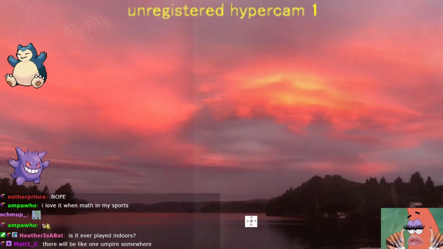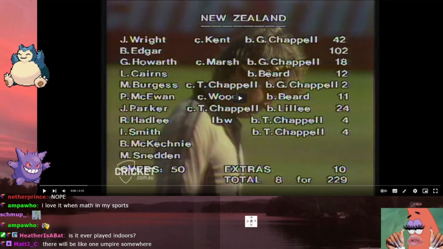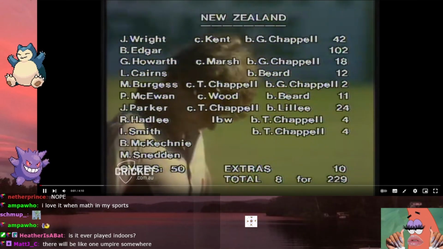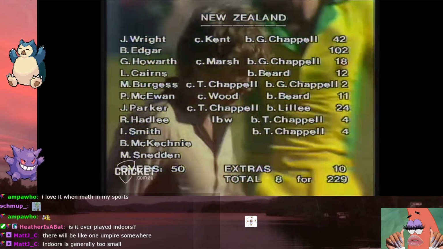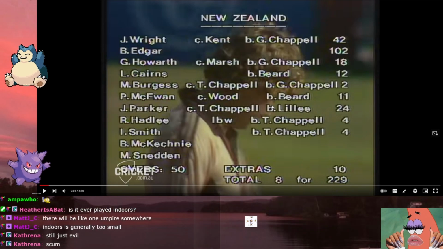This is the epitome of not playing by the spirit of the game. By the way, New Zealand used to play in beige. Ian Smith is out, bowled Trevor Chappell for 4. 8 down for 229. How do we like these names? Richard Hadley, maybe the finest cricketer New Zealand has ever produced.